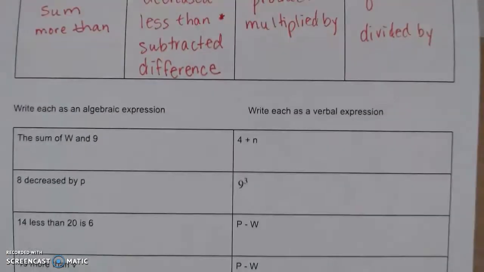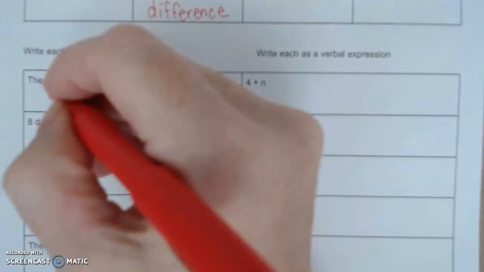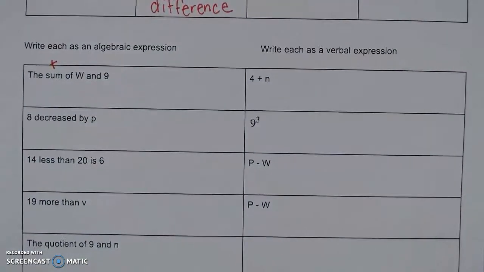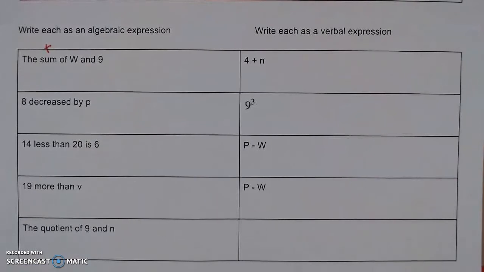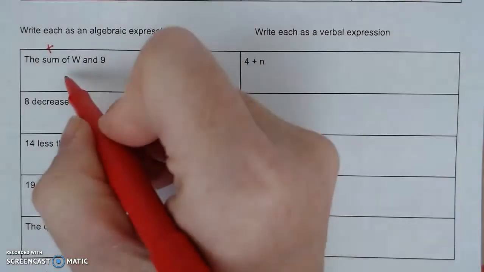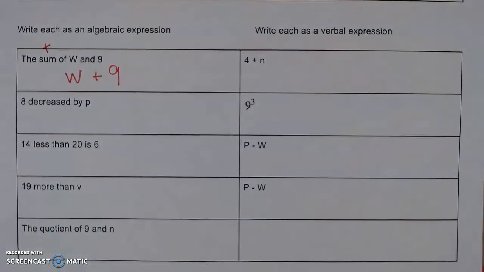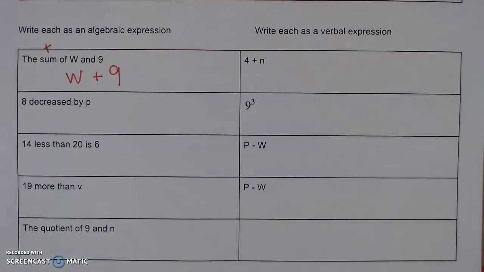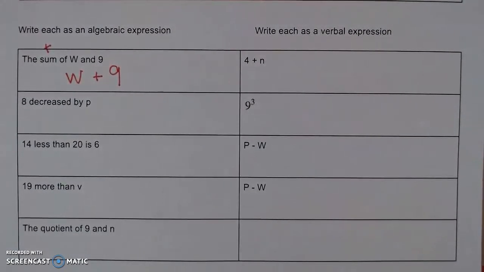We look at the top, and the word sum usually means to add. So when you add on your quizzes, you do want to go in the order that they stated. So I'm going to do W plus 9. Now, we know that 9 plus W will give us the same answer, but on a quiz, the order is important, how they say it.